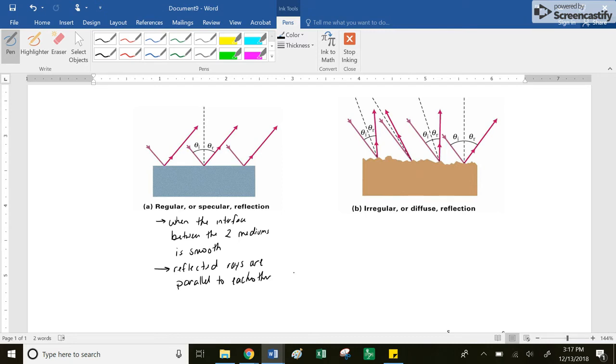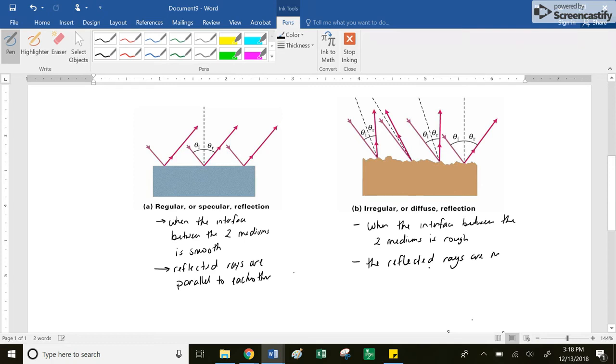Irregular or diffuse reflection is when the interface between the two mediums is rough. The result is that the reflected rays are not parallel, and the image is distorted.